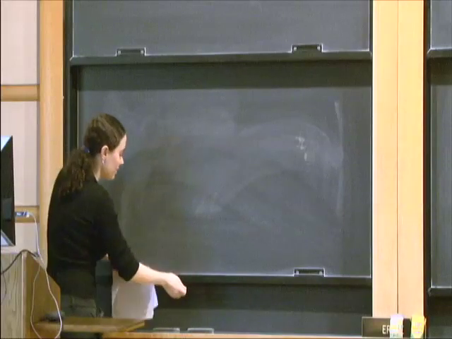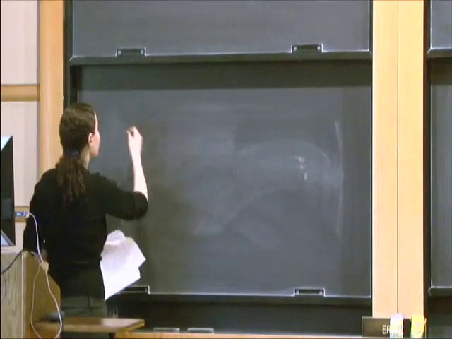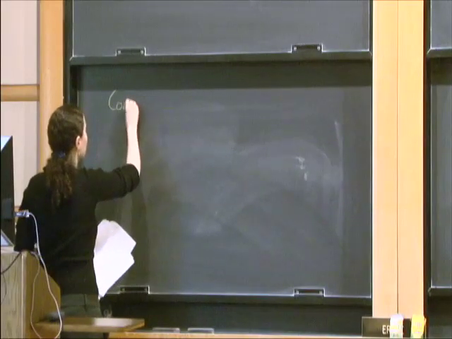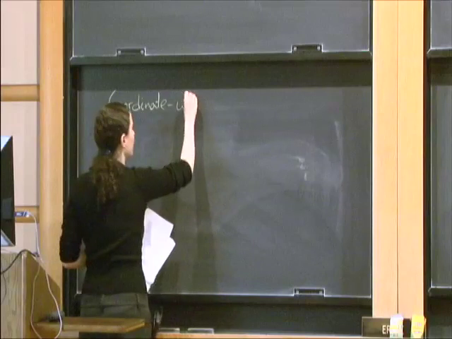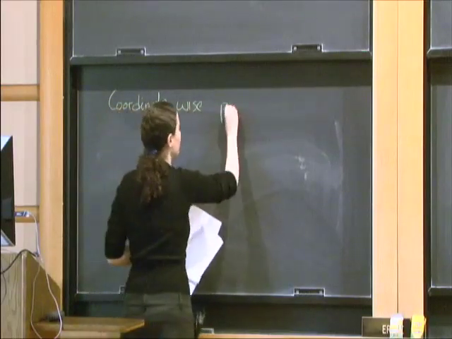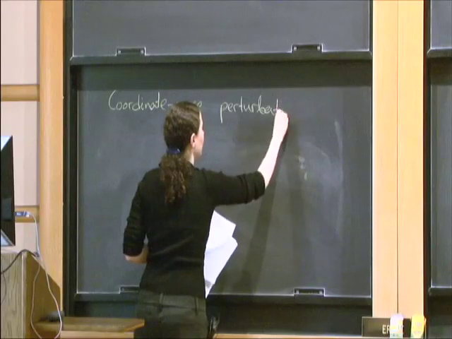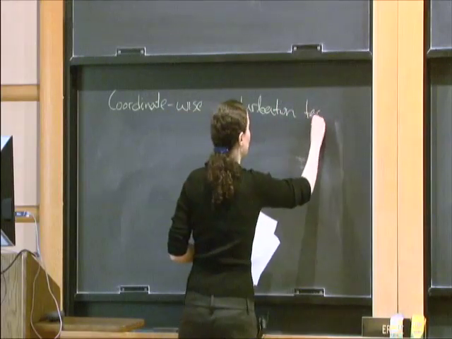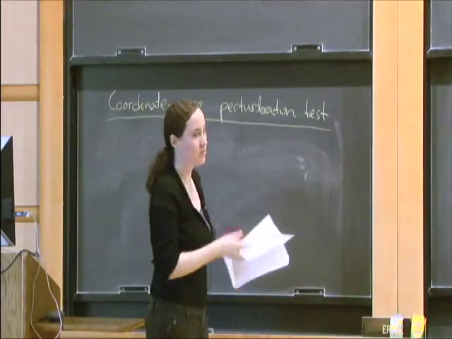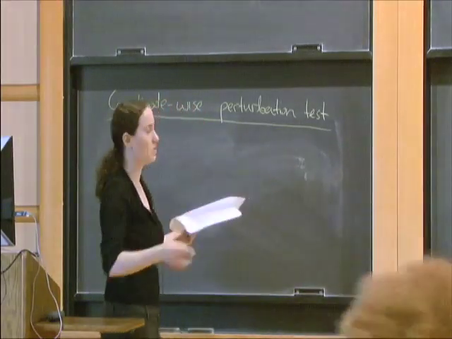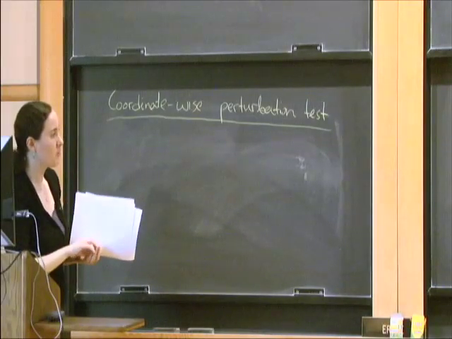So there is the standard dictator test. The first dictator test that comes to mind is this coordinate-wise perturbation test. You want to check whether f equals x_i or is far from equaling x_i for some i.